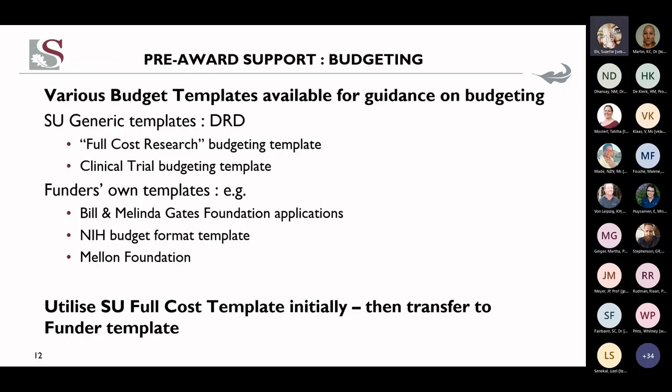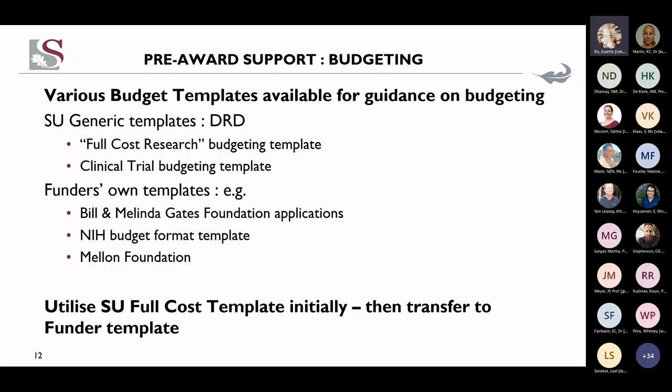To have a good start, we developed a full cost budget template so that you can start your budget and be sure that you take into account everything that you need for your project, and not forget the most important and normally the little things.